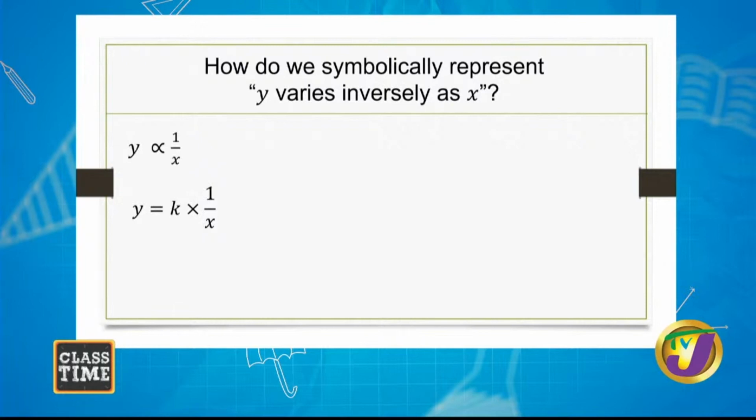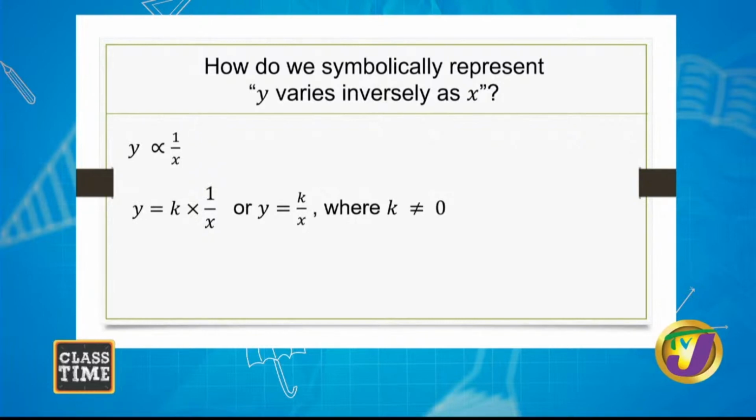So Y is equal to a constant multiplied by the reciprocal of X. I know my students know how to multiply k along with that fraction, so we have 1 divided by x. That gives us y equals k over x. And of course, Richard, k is not equal to 0.